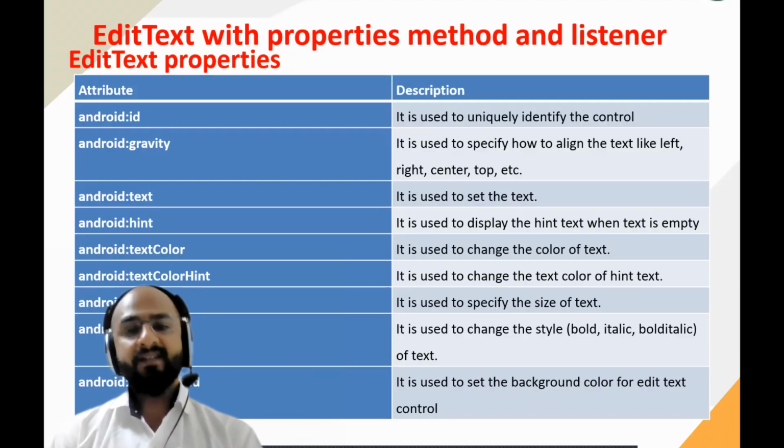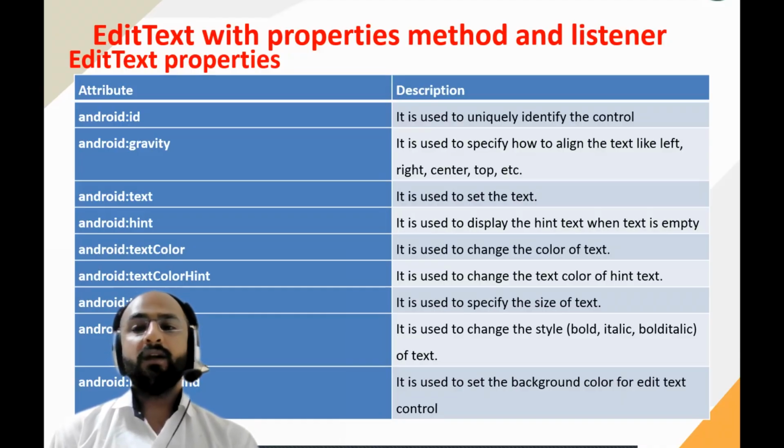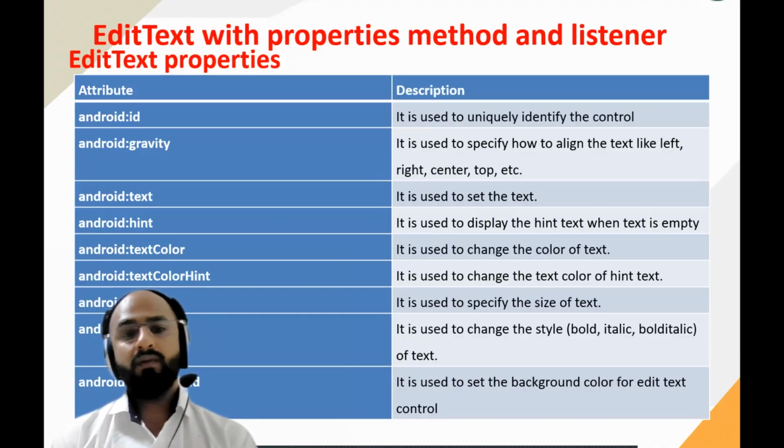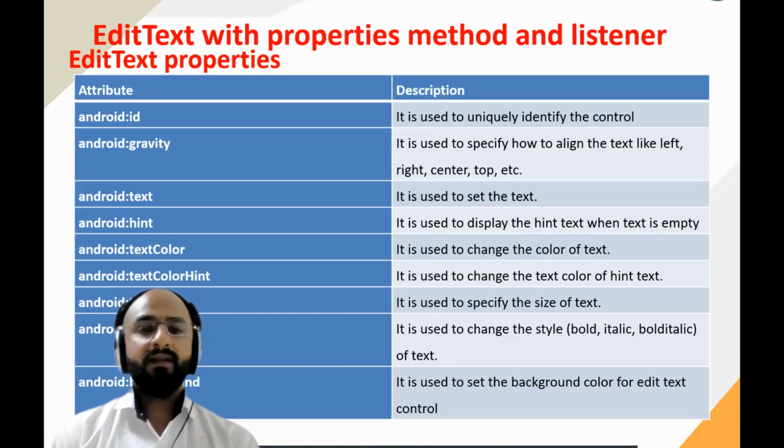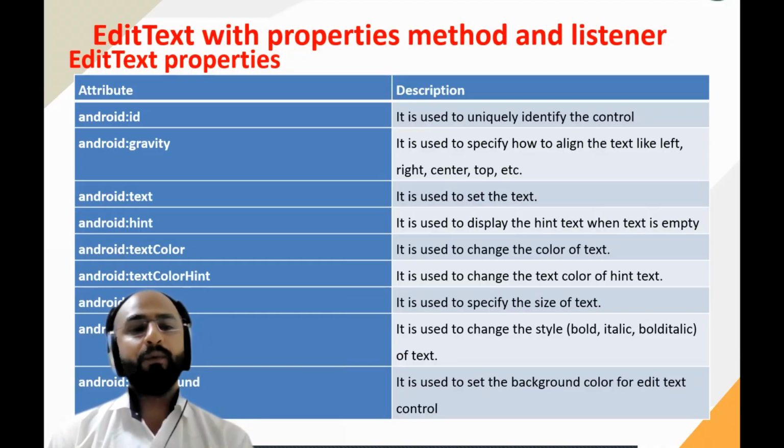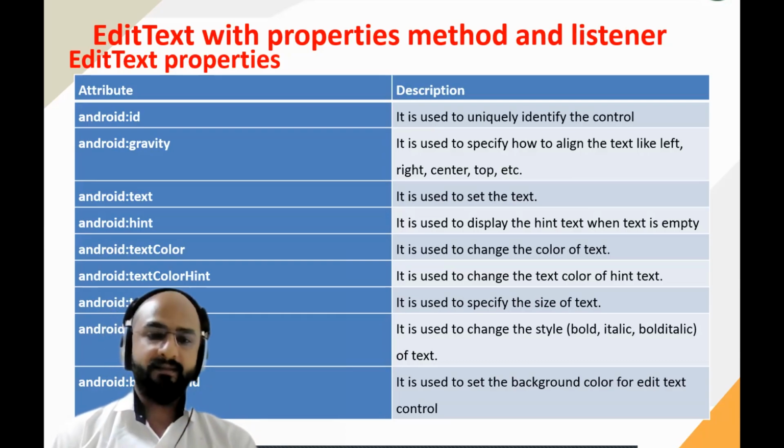Then android:textColor is used to change the color of the text of the EditText. textColorHint: suppose, as I told you, you have provided the hint to the EditText.